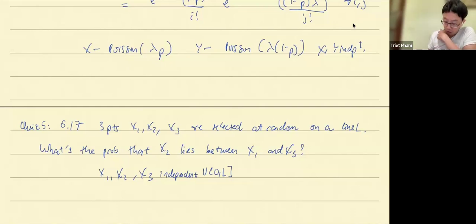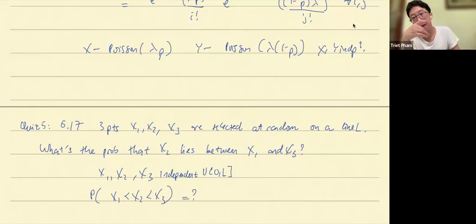And you're asked what's the probability that x1 is less than x2, less than x3, right?